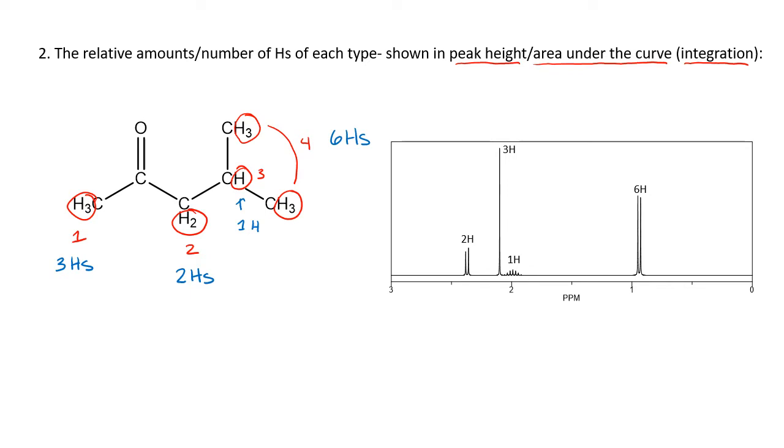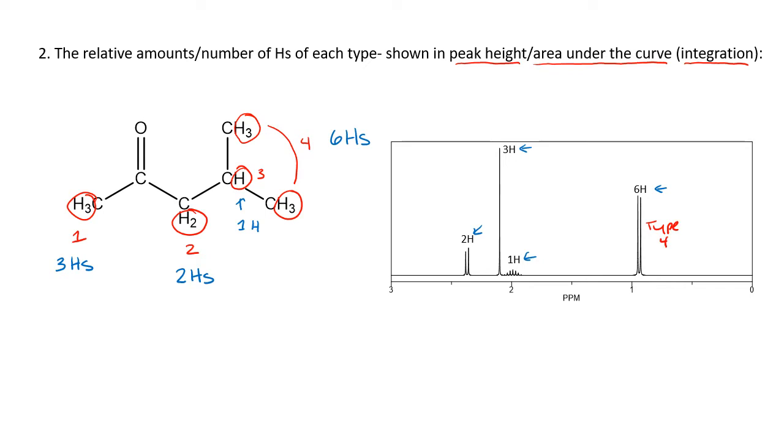Now, as you can see, we have the number of hydrogens written above each peak. So that means that these sets of peaks correspond to those particular groups of hydrogens. So for our 6 hydrogens, that's going to be type 4. They are represented by this peak here.